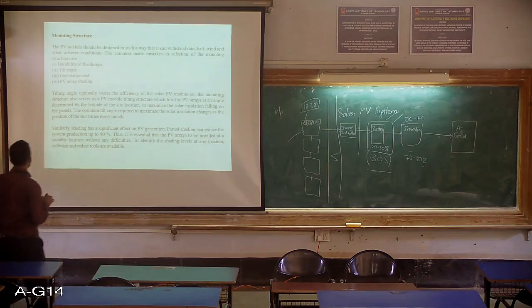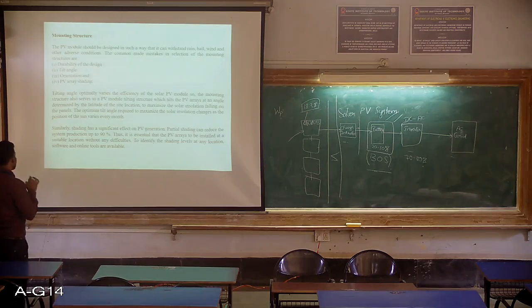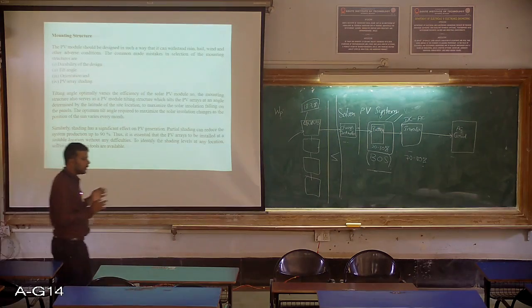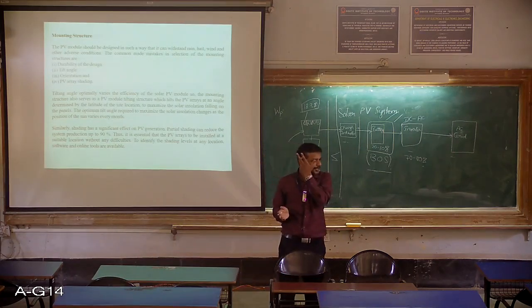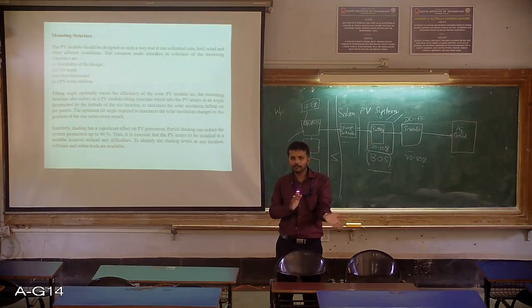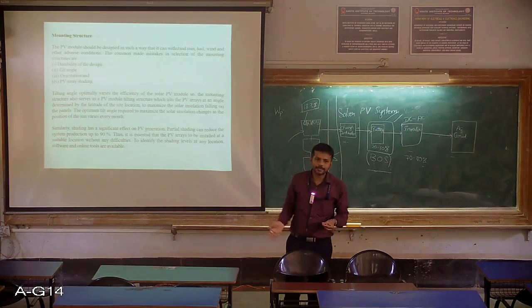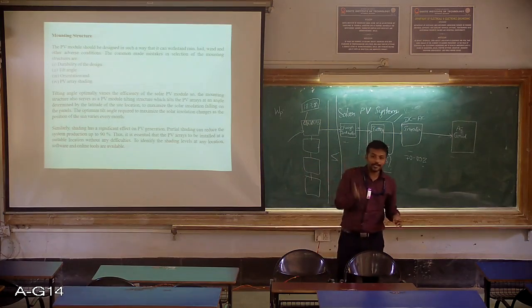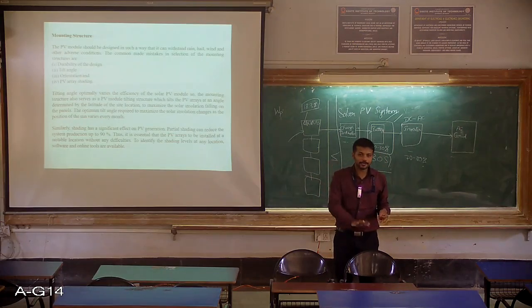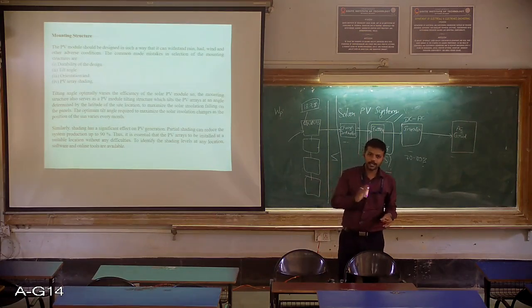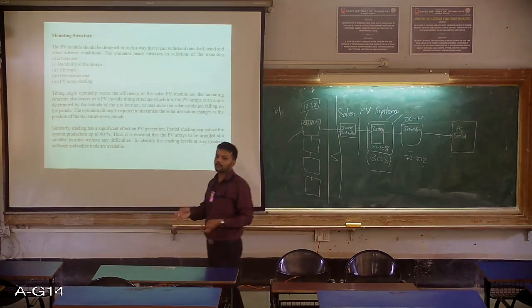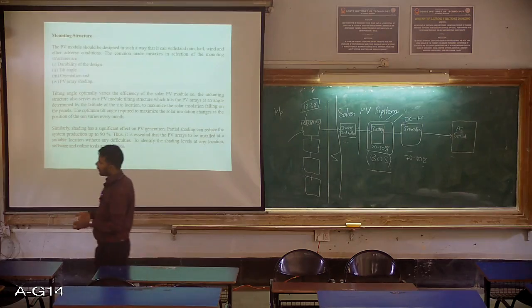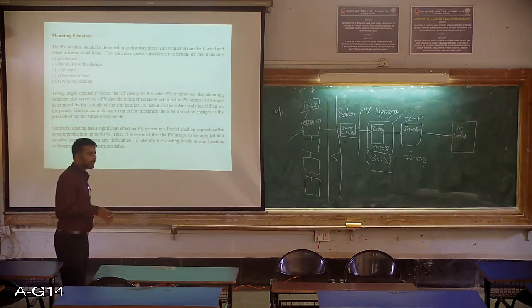And similarly, the last point, PV array shading, is also very important. If we keep the solar arrays very close to each other, then the shadow of one array can fall on another array. And if we increase the height of some arrays and some are at a lower height, then those shadows may also cause trouble and decrease the overall performance and efficiency.